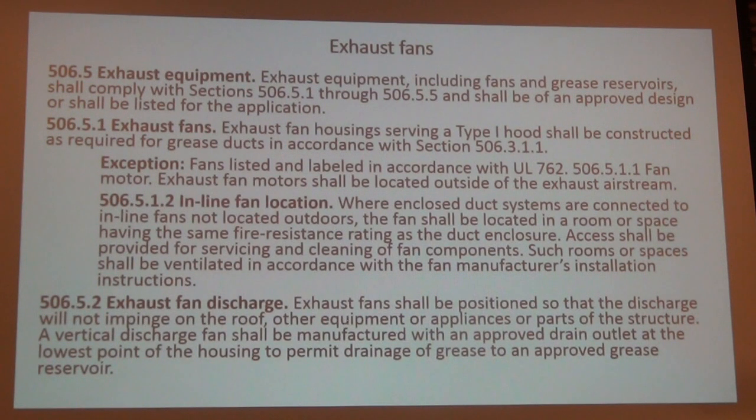Once you've got 762 on the fan, you're pretty much home free as far as the requirements. But you want to discharge it so it's not impinging on the roof or other parts of the structure. The vertical discharge should have a manufacturer-approved drain and a grease reservoir. So a 762 fan comes with that.